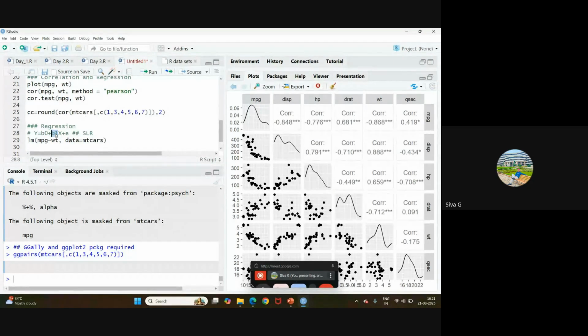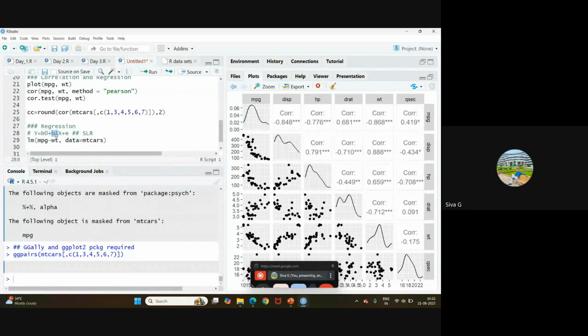To estimate the parameters, we go with the ordinary least squares method, OLS, minimizing the residual sum of squares. We take the residual sum of squares equation, derive the normal equations by partially differentiating with respect to the parameters and equating to 0. Then upon solving these two equations, we get the formulas for beta naught and beta 1. Then in the formulas, we substitute the original data to estimate the equation.